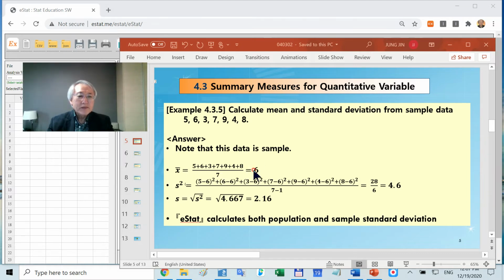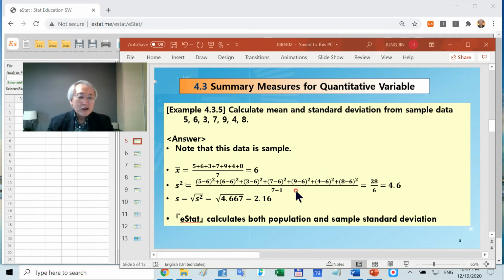What is squared distance? The variance, we denote it as s squared. From each number, subtract the mean: 5 minus 6 squared, 6 minus 6 squared, 3 minus 6 squared, 7 minus 6 squared, keep going, 9 minus 6, 4 minus 6 squared, 8 minus 6 squared.